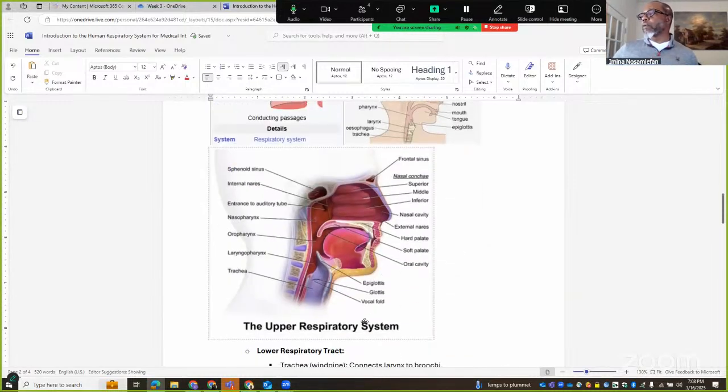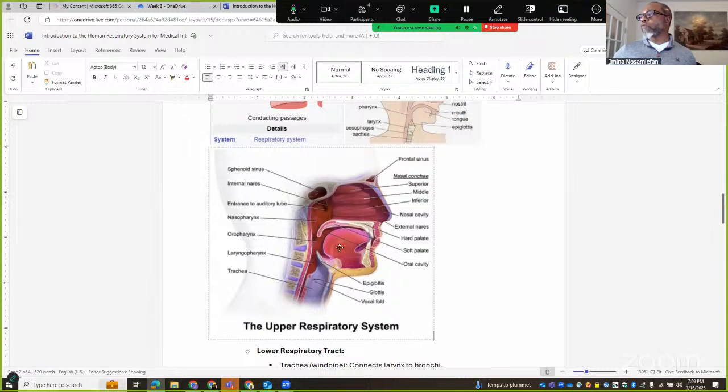Okay, so this is the upper respiratory system: the nose, the nostril, the pharynx, and then the larynx. So remember that this is an important structure, the epiglottis. This is the airway, this is the esophagus, and this is the mouth.